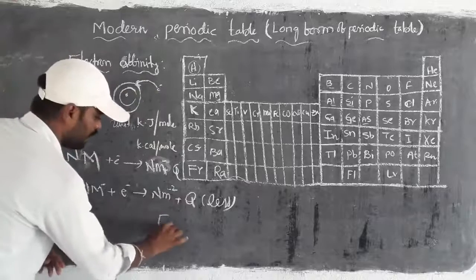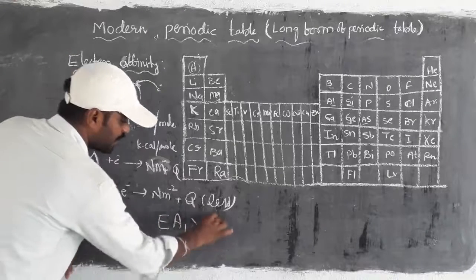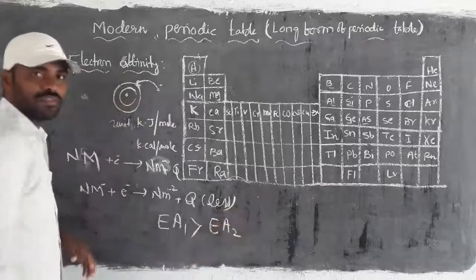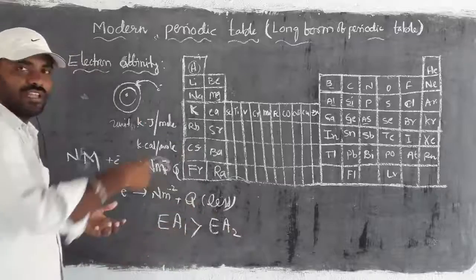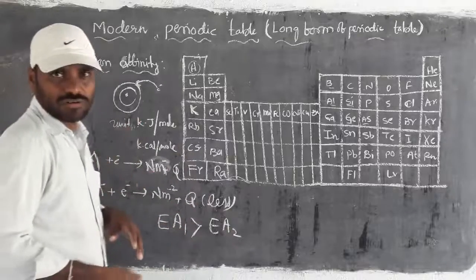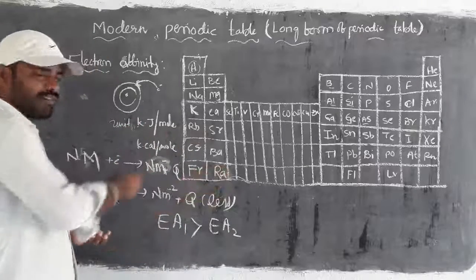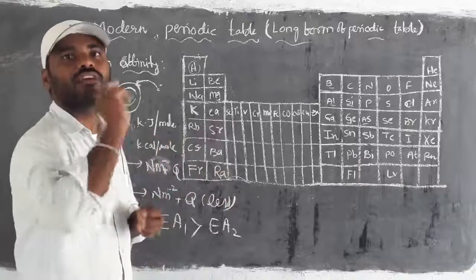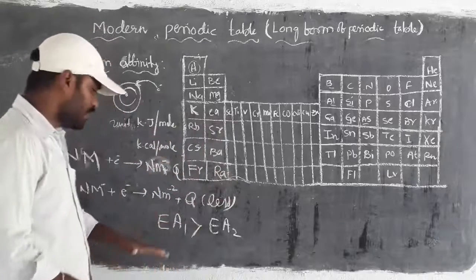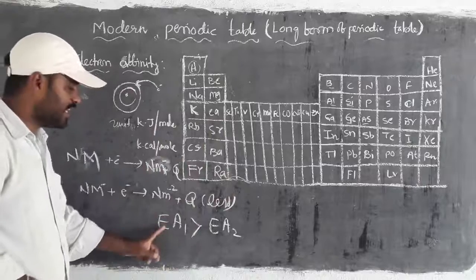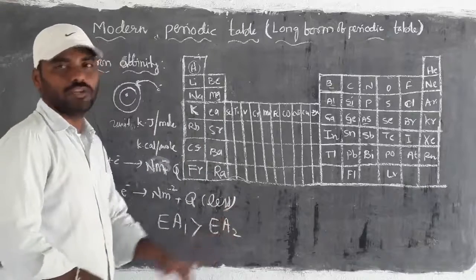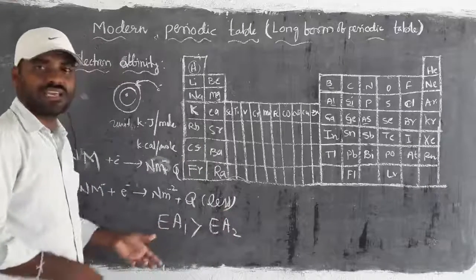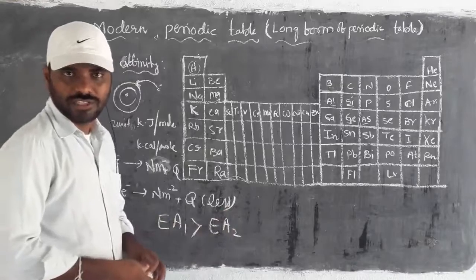So the same thing I am writing: EA1 is always greater than EA2, because for the second electron joining, it already has an excess electron. Then if you add one more electron, there is no chance to get nucleus attraction, so the atom cannot release any energy. For that, we take the condition EA1 greater than EA2. Here EA means electron affinity.